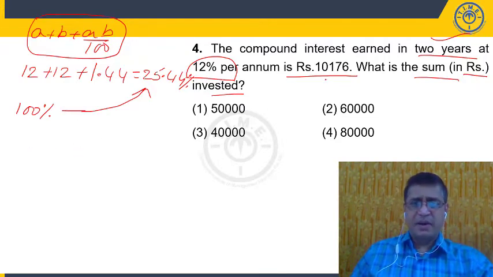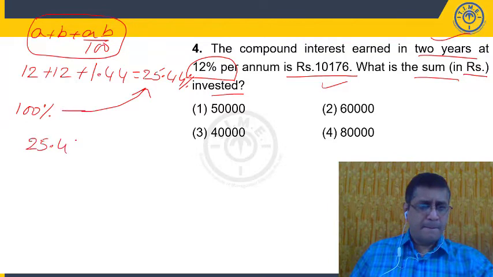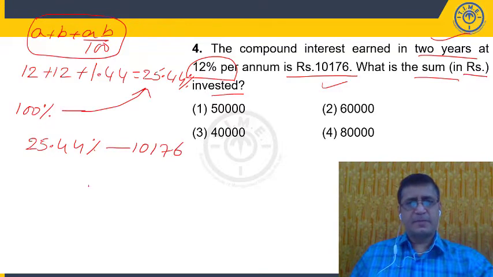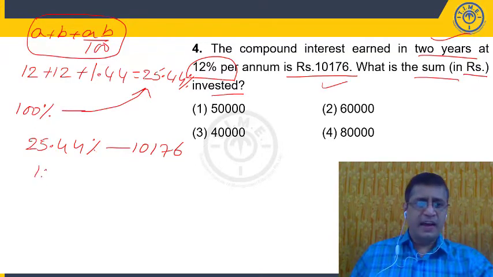But what is the interest here? It is 10,176. So what we need to find? The principal. Now if you observe this one, 10,176 is equal to 25.44. Then what is the 100%?